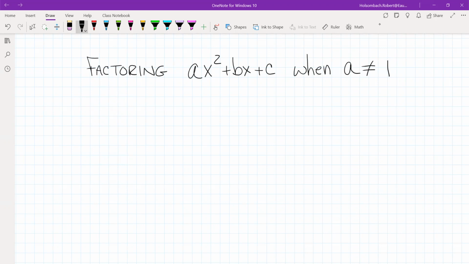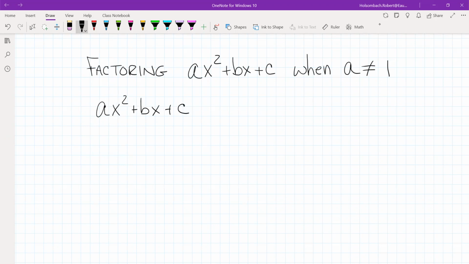Last week when we factored trinomials, the a value, or the number in front of the x squared, was 1 on just about every problem all week long. And this week, a is not going to be 1. So the problems that we're going to factor today are ax squared plus bx plus c.